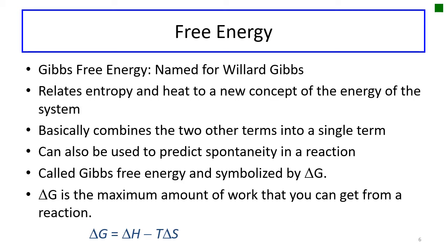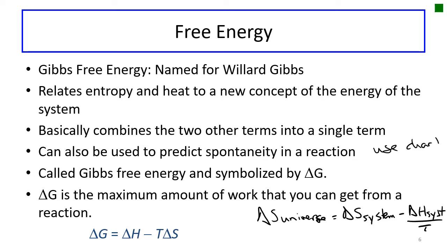So here's what we have. Delta S of the universe is equal to delta S of the system minus delta H of the system over T, because delta S of the surroundings is equal to minus delta H of the system over T. And we know that once we have the system, we can actually use the charts in our appendix to get delta S and delta H. Now, we know that if we have a positive delta S of the universe, our reaction is spontaneous.